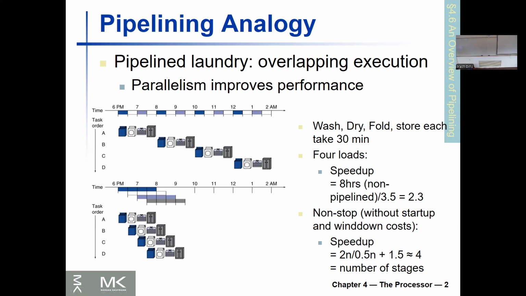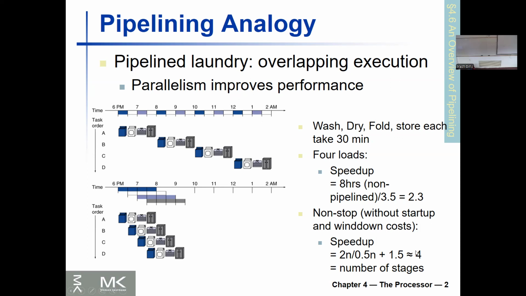The speed up is 2n, n being the number of washes that I have, in my case 4, divided by 0.5n, since there's half an hour of time per load, plus 1.5. The plus 1.5 is the startup time, because in the beginning I had an extra hour and a half where I didn't get anything in.